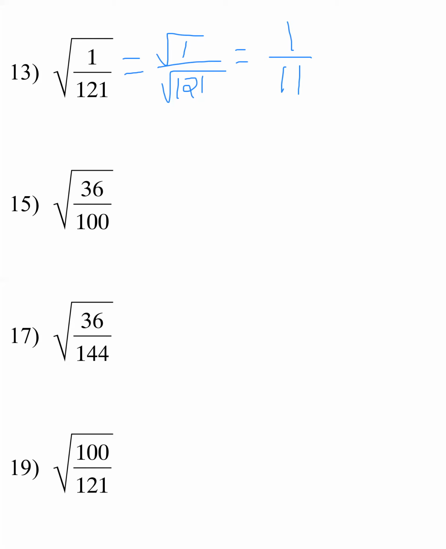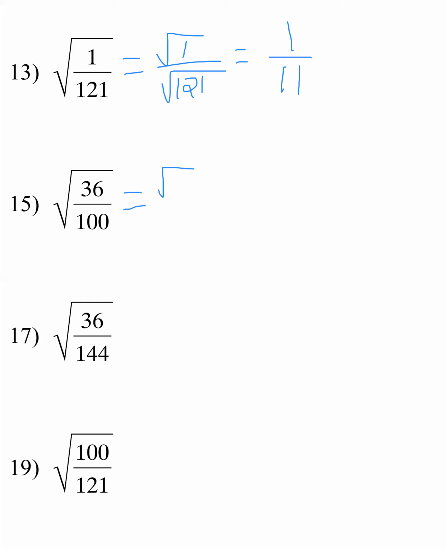Now, if you look at 15, you might notice something a little bit different. This in here, 36 over 100, you could reduce that fraction. So you can reduce it right now. I actually might not though. I might just do the square root as it is.